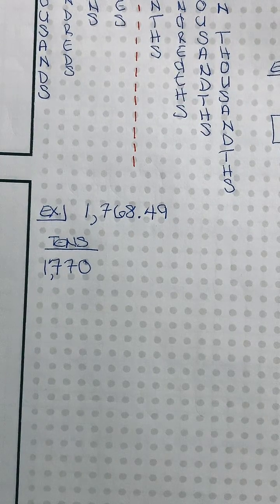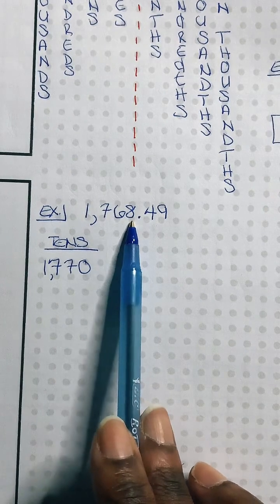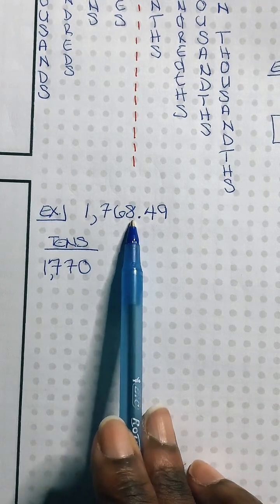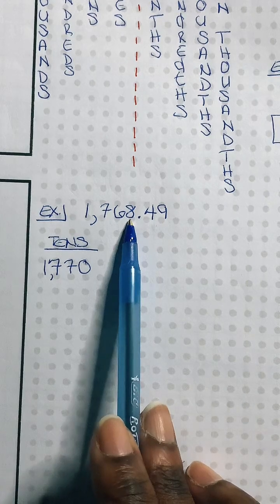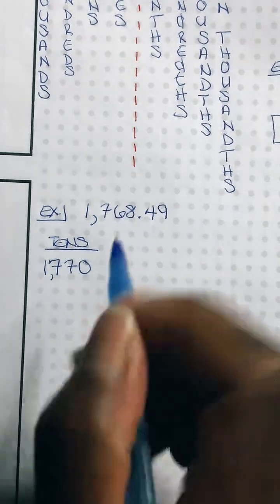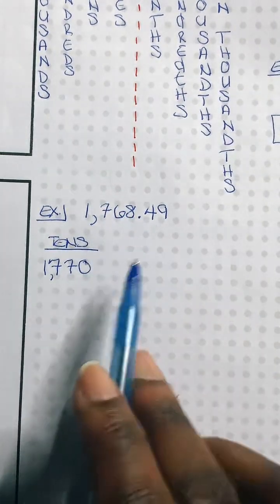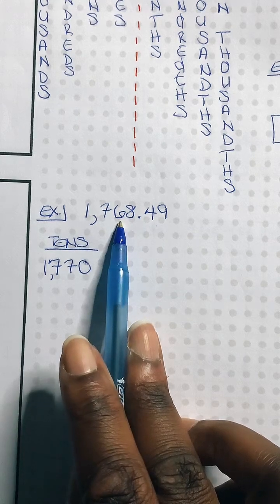Okay, yes. All right. So if you're rounding to the tens, you need to look at the previous spot, which is the ones. So if it's 5 and above, if it's a 5, 6, 7, 8, 9, right? That means we're going to have to add 1 to the spot that we want to round to, which is your tens.